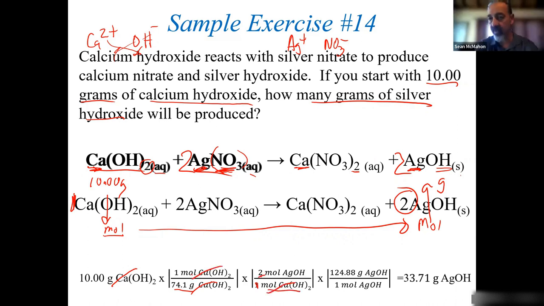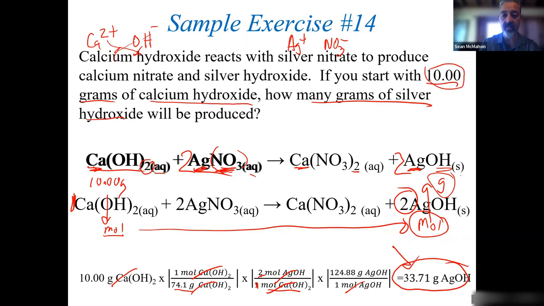Now the unit of moles of calcium hydroxide cancel. Now I need to convert moles of silver hydroxide to grams. How? Molar mass. 1 mole of silver hydroxide, that cancels out that unit, is 124.88 grams. I do the calculation. My final answer needs to have 4 sig figs, and it does.